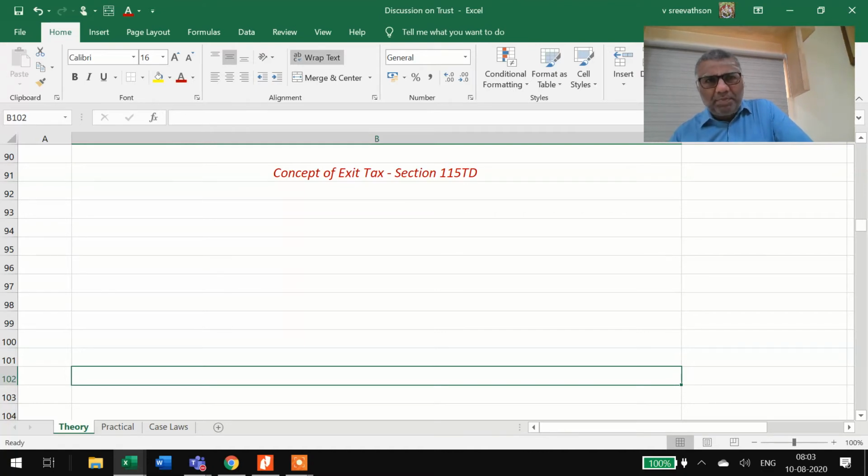If the trust is not utilizing the funds properly, if the private beneficiaries or trustees, etc. And if the trust goes out of its object clause, in all these cases the registration is cancelled. We will come to that. If the trust's genuineness is under question, the registration will be cancelled.